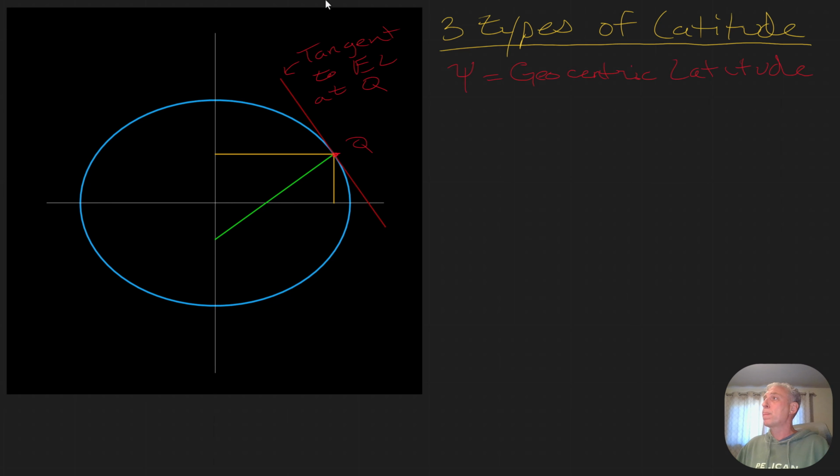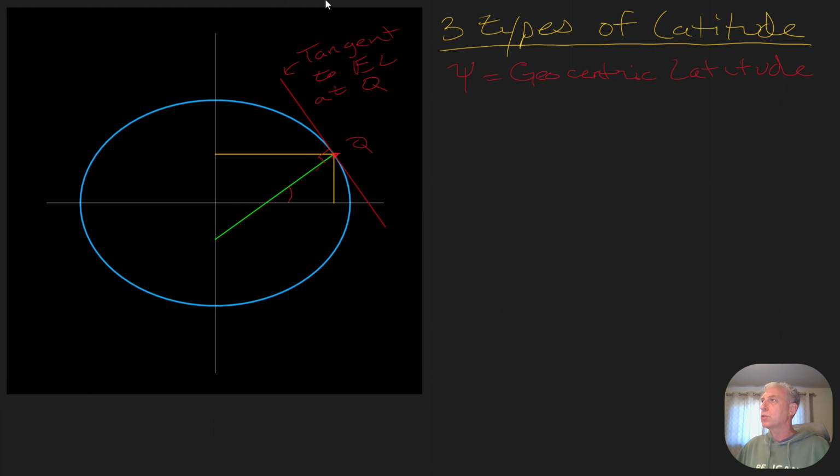And if we were to draw a line, a vector from Q that's perpendicular to that tangent, and extend it all the way to the spin axis of the Earth, that's that green line.